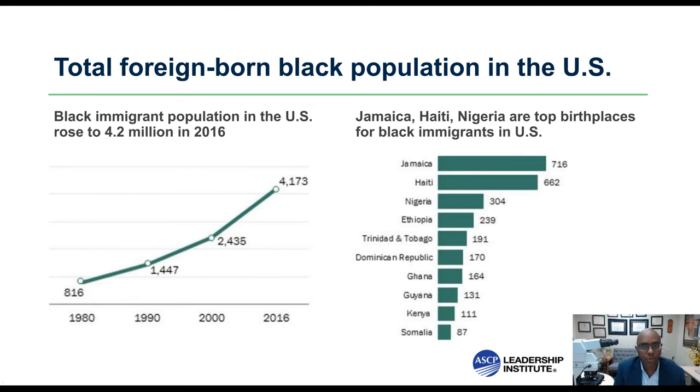Compared with other immigrant groups, Black immigrants are more likely to be proficient in English, 74 to 51%, though they are less likely than the overall U.S. population to have a college degree, 28 versus 31%. When we look at birthplaces of Black immigrants in the United States, Jamaica, Haiti, where I'm from originally, and Nigeria are the top 3 countries.